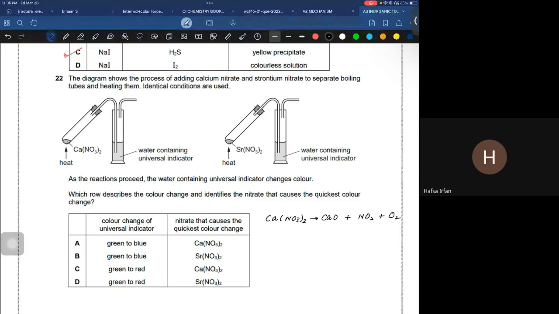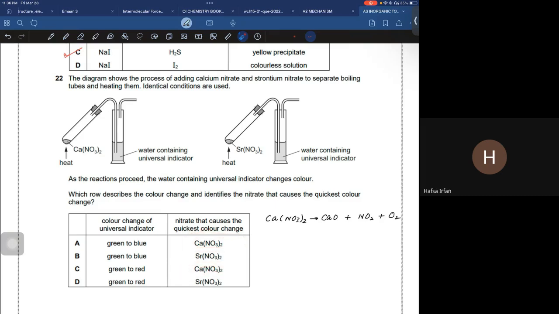When you are going down the group, it would be difficult to break the nitrate. So of course calcium, on the top of the group, can be easily broken down. That's why quickest color change, of course, calcium nitrate. We have two options, A and C.